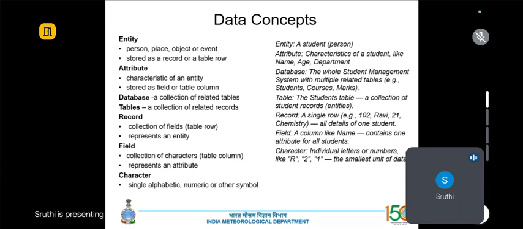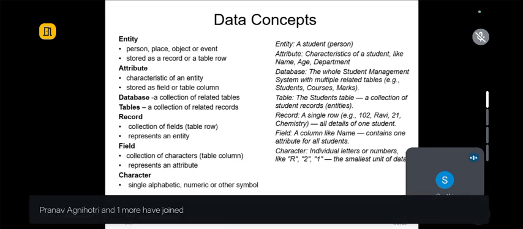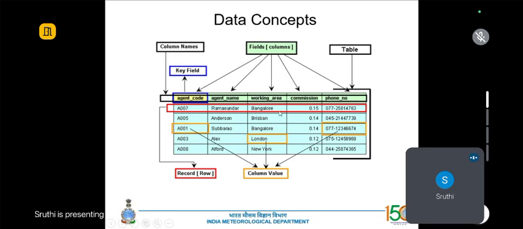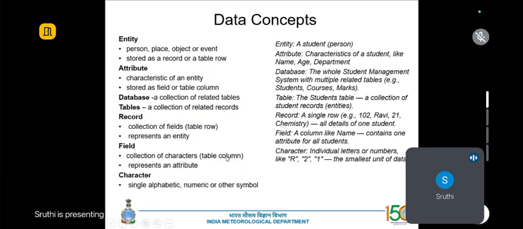The basic concepts of databases are entity, attribute, tables and records. Every row of the table is called a record, and every column is called a field, and there will be a key field which is a unique identifier. Such tables together make a database, which is the top level: from record, field, table, and then database.